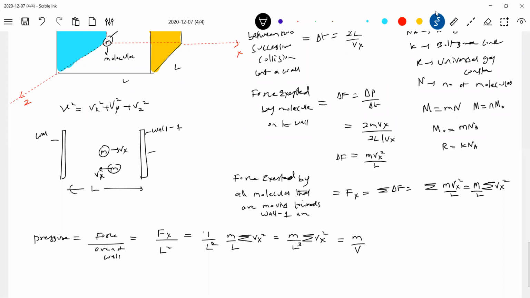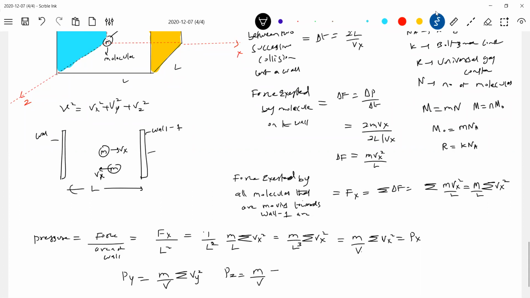Okay, we'll derive further. This is the volume of gas. I think capital V is small v. So let me write it as, I think it is understood, no? Capital V is the volume of gas. So this should be equal to, this I'll call pressure Px. Similarly, Py, what you can write? M by V, summation of Vy square.